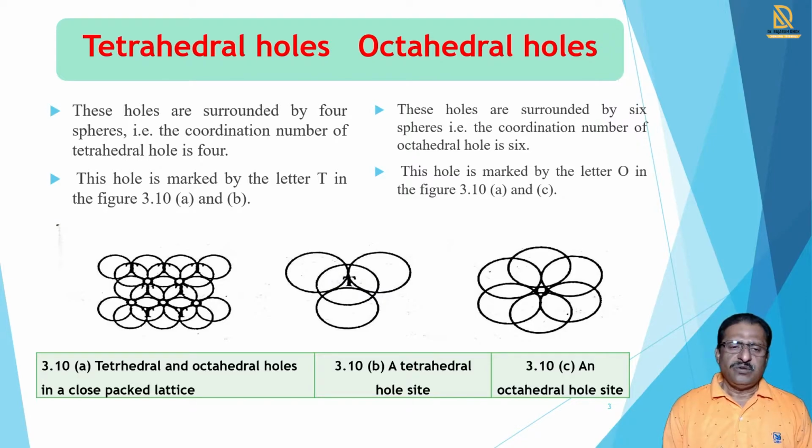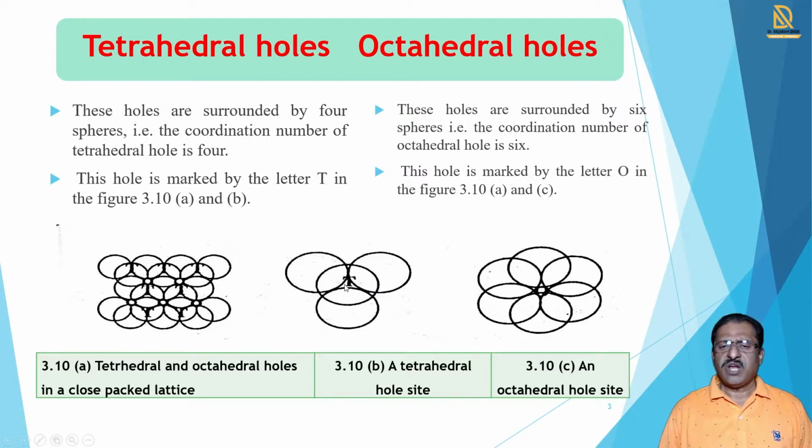In the diagram, you see 3 ions in the first layer, and when one ion is kept exactly at the center of these 3 ions, on top of their base, we get a hole that has a tetrahedral shape. So this is the tetrahedral hole.